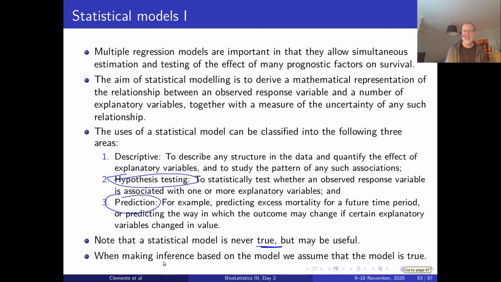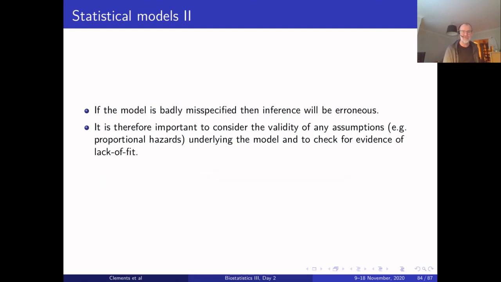So the interpretation of the model parameters should be, in some sense, modulated by whether we think that the model is close to being true. If the model is poorly specified, then the inference will be erroneous. It's therefore important to consider the validity of any assumptions such as proportional hazards underlying the model, and to check for evidence of lack of fit.